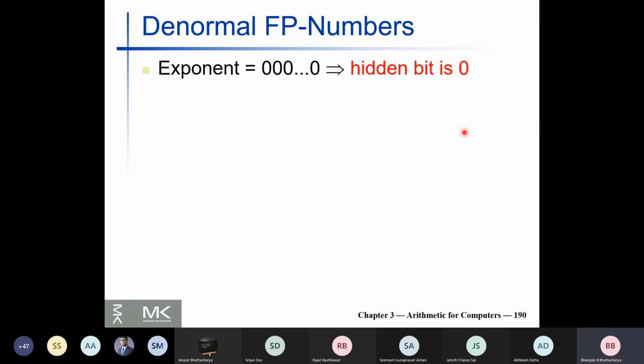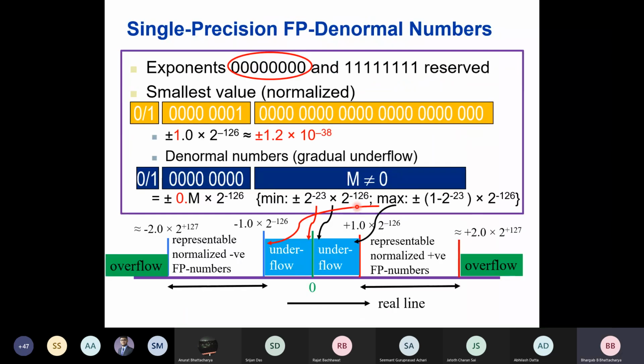So you know why this is 2 to the power minus 126? Because if you look into the boundary of this smallest representable number, that is 1 point something times 2 to the power minus 126, right?